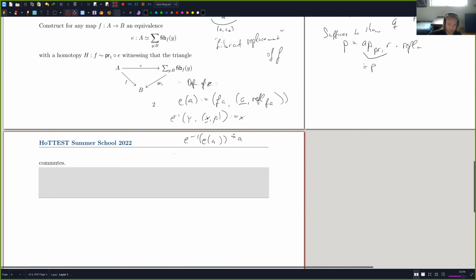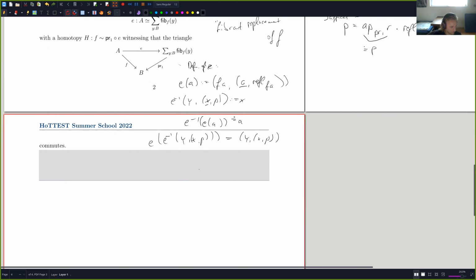And now, conversely, we want to show that E of E inverse of (y, x, p) is equal to (y, x, p).